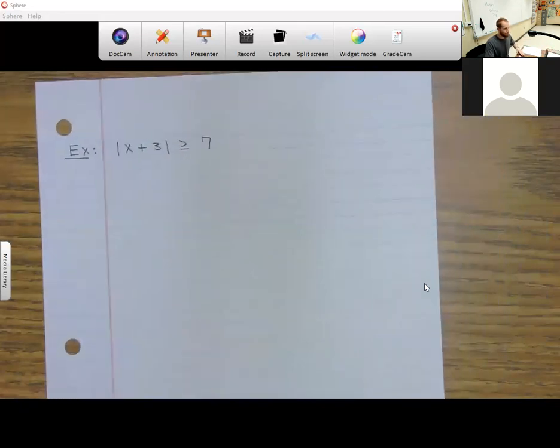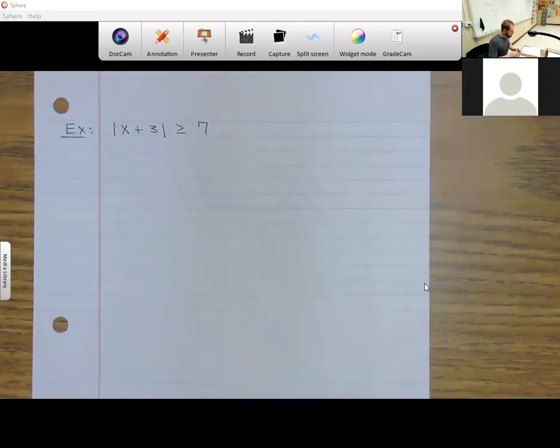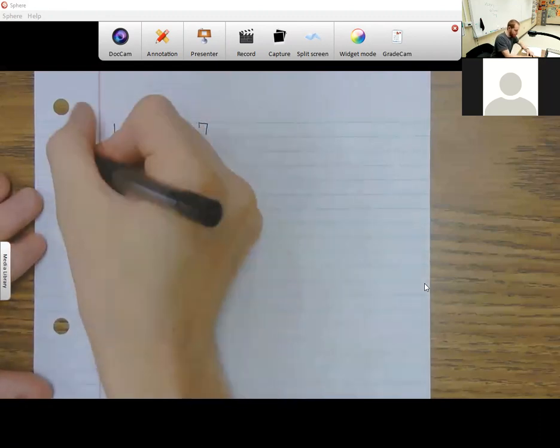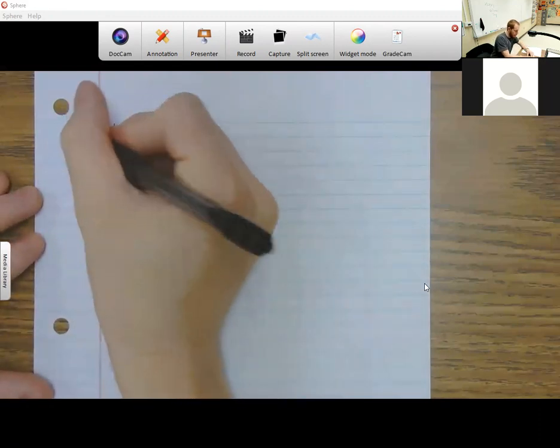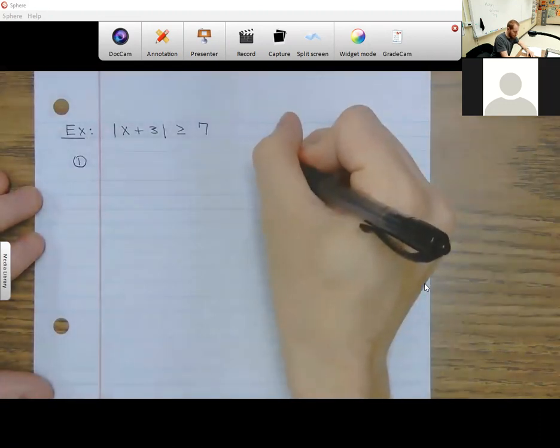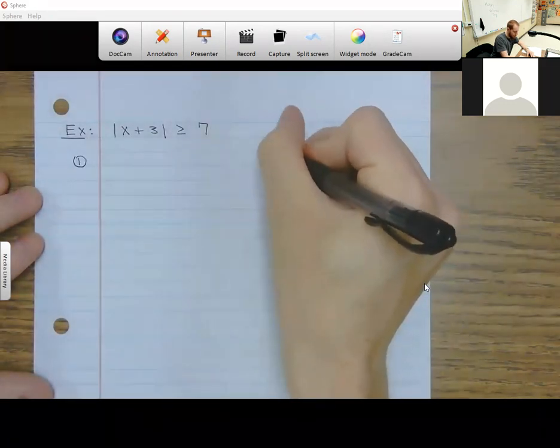Let's try this one. Okay, same basic setup. We got the absolute value of x plus 3 is greater than or equal to 7. So let's break it up into our two solutions. My first solution is going to be over here, and my second solution is going to be over here.